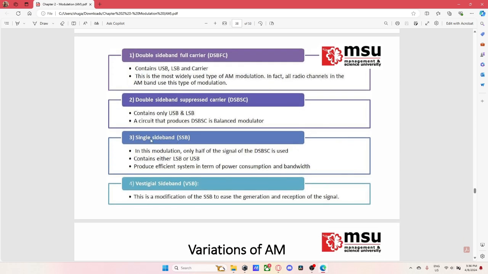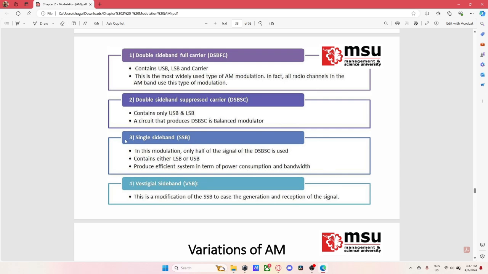If we remove the other sideband, it is called single sideband, SSB. In this modulation, only half of the signal of the DSB-SC is used, and it contains either the lower sideband or the upper sideband, producing an efficient system in terms of power consumption and battery.